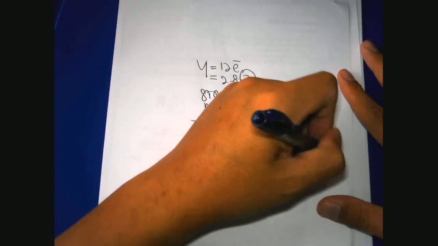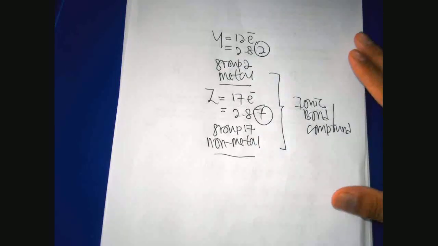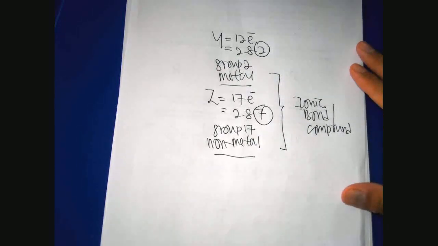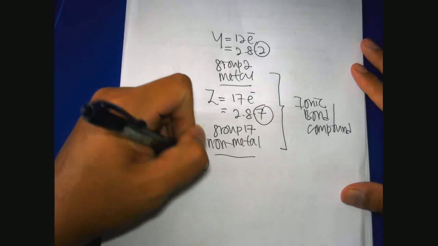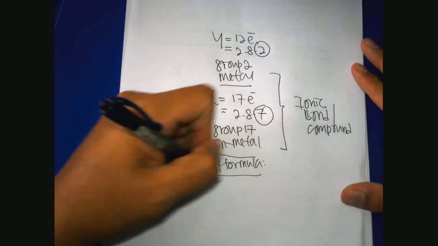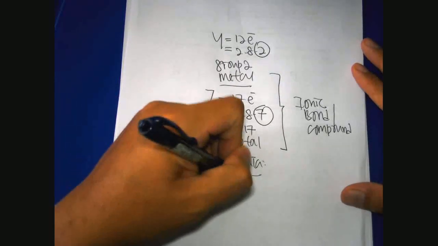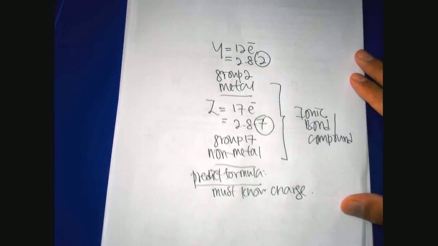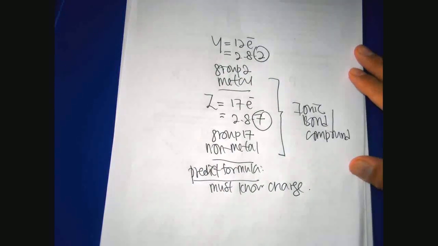After deciding the bond, we can predict the formula. To predict the formula for an ionic compound, we must know the charge. We don't have any charge at the moment, so we have to predict it.